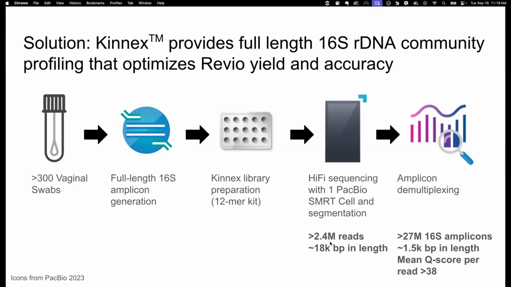Here are some stats on the number of larger concatenated reads that we got from our full experiment. And then once we've done the informatic demultiplexing, the number of 16S amplicons of about the expected length of 1.5 kb and really terrific quality.